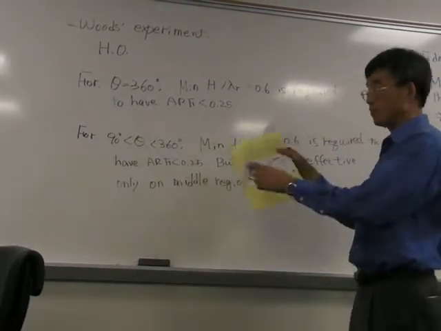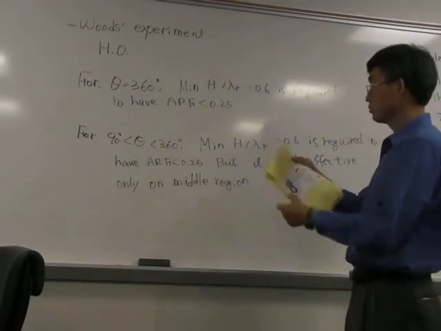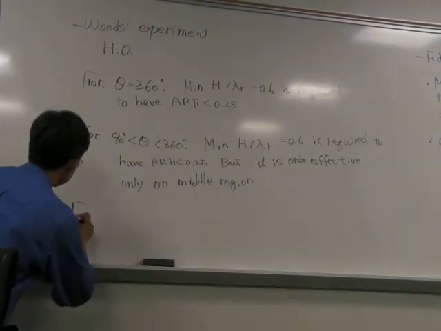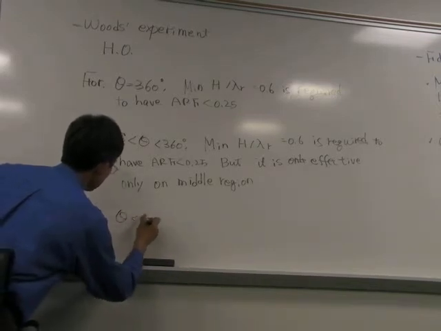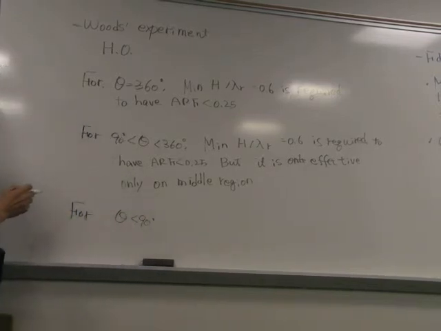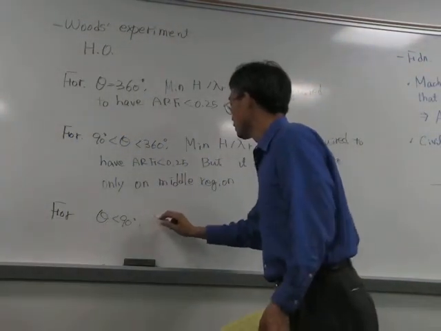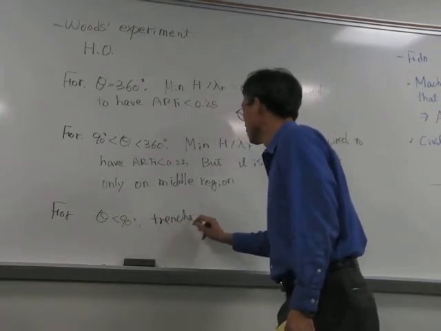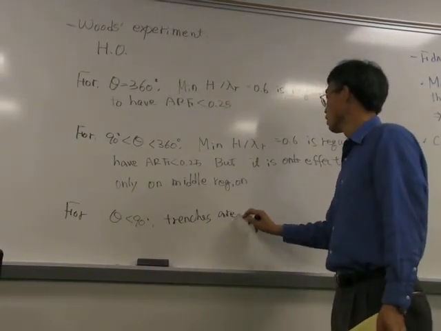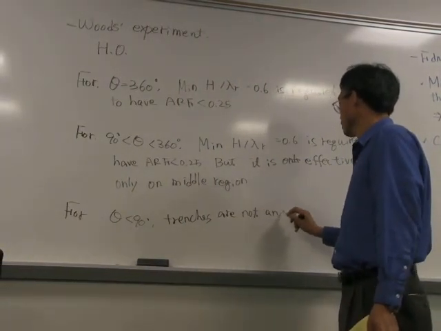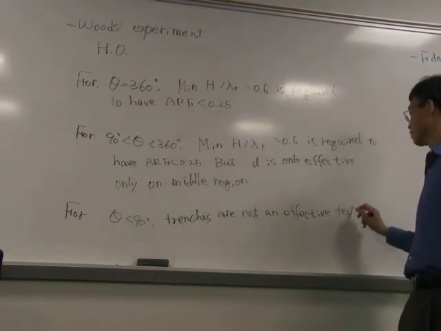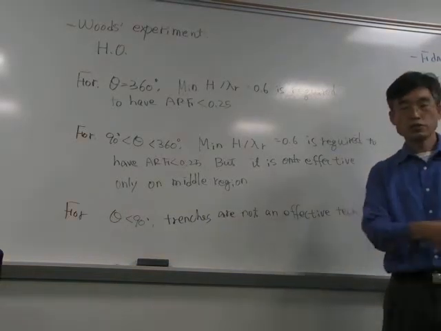Again, middle region means only here. And for theta less than 90 degrees, less than a quarter circle, his findings were that trenches are not an effective technique. Just installing short trenches will not work.